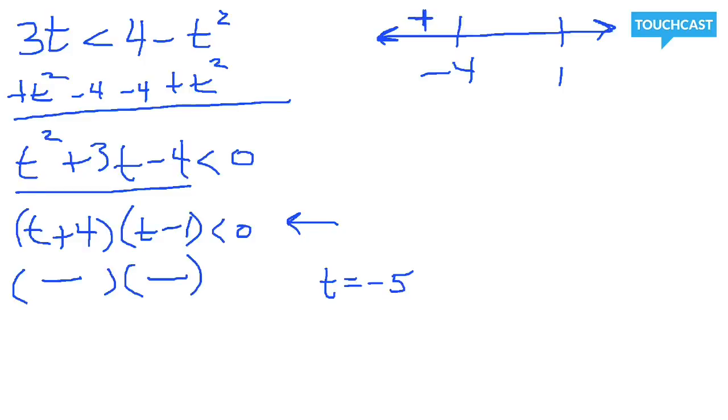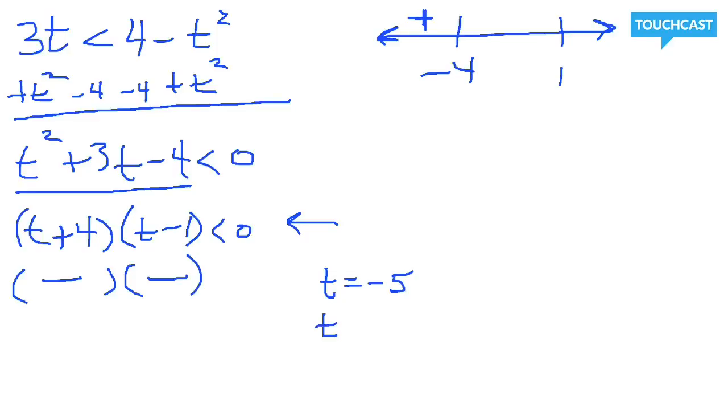Why did I put the plus sign there on my number line? Because I had chosen a number that was less than negative 4. These two roots have divided my number line into 3 sections, and the t value I chose to check first is from the leftmost section of the number line.